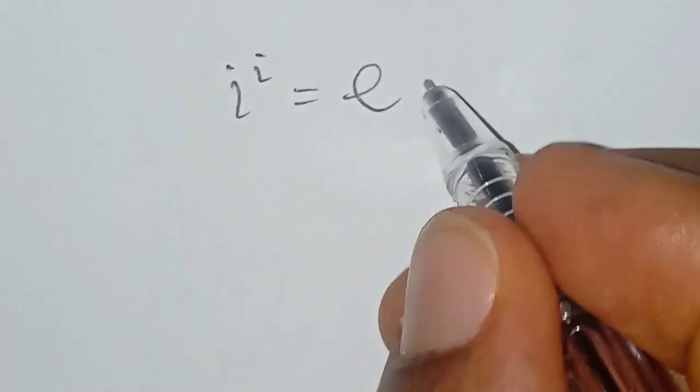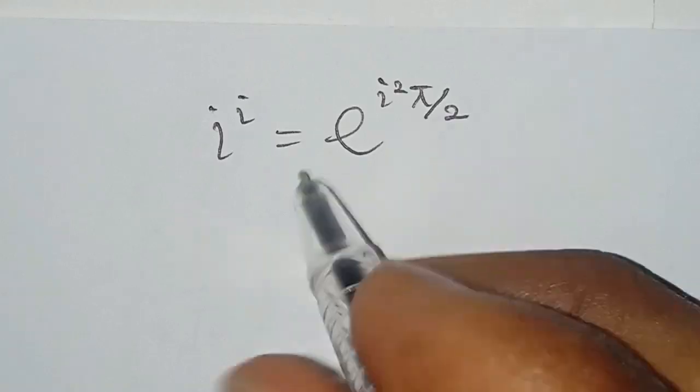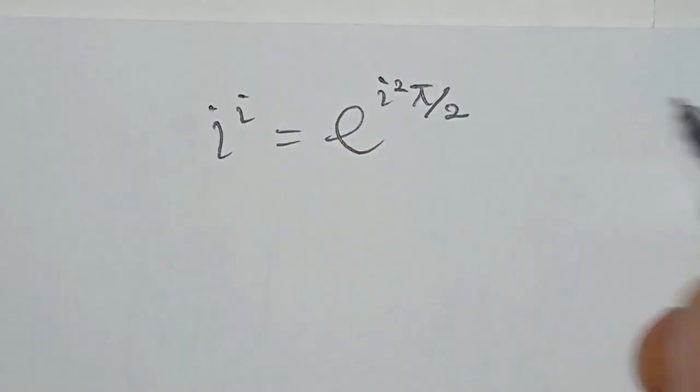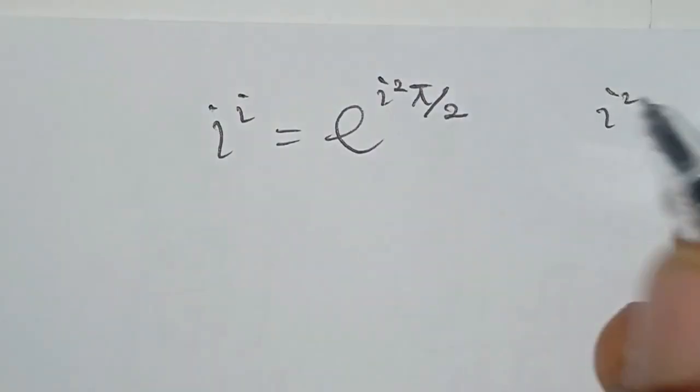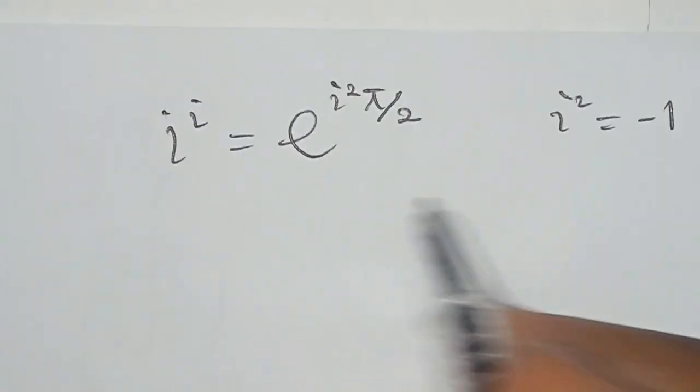And here we can write that as i to the power of i equal to e to the power of i squared multiplied by pi over 2. Since we know that i squared is equal to minus 1, we can replace that.